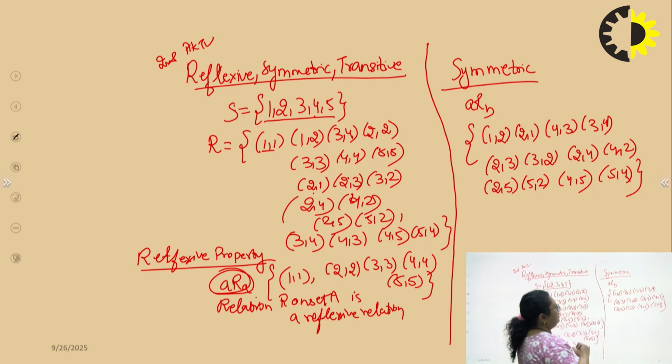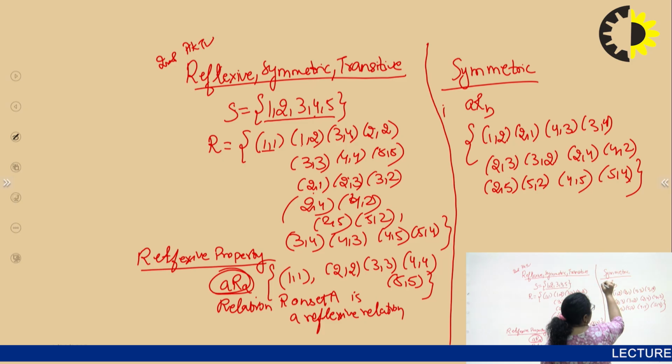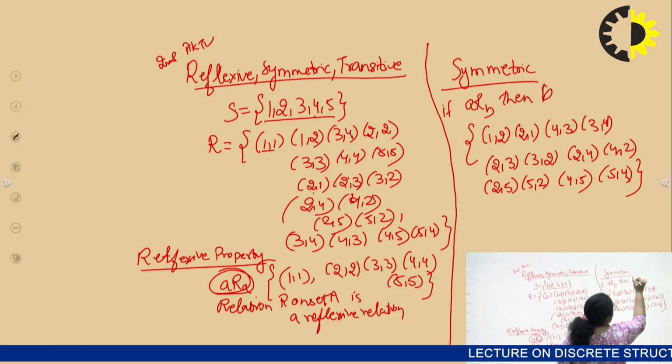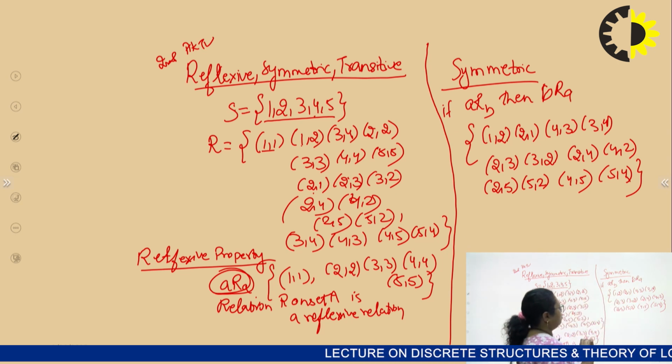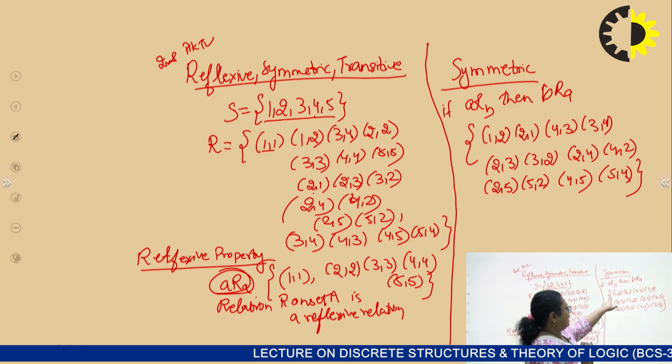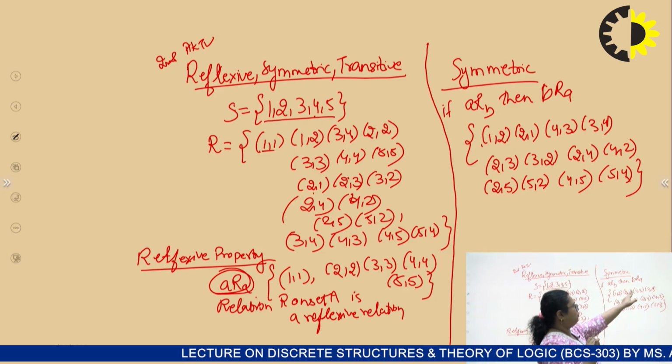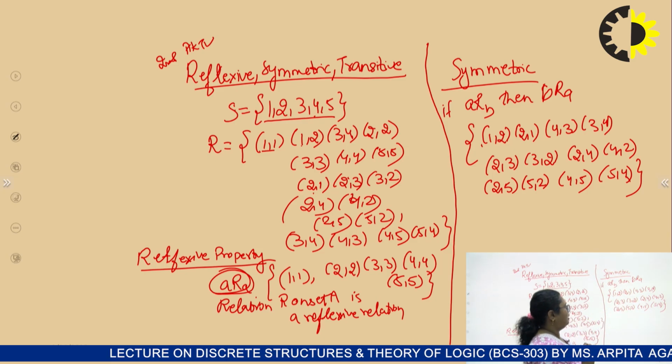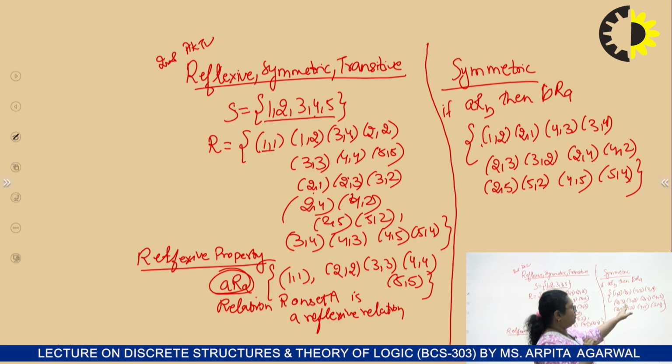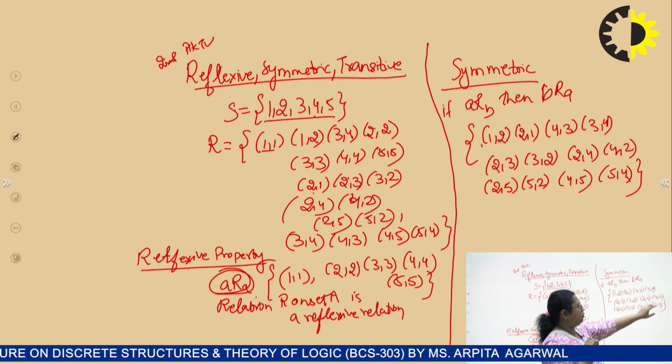So it satisfies the condition aRb, that means the reverse is also there: if aRb is there, then bRa must also be there. This condition is satisfied: (1,2) is present, then (2,1) is present; (4,3) is present, then (3,4) is present; (2,3) is present, then (3,2); (2,4) is present, then (4,2).